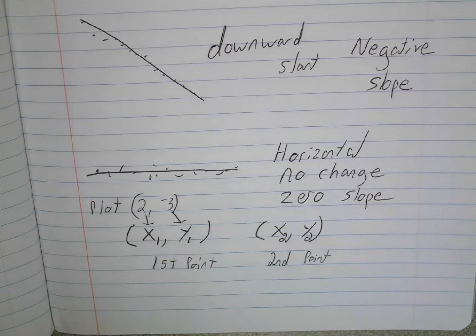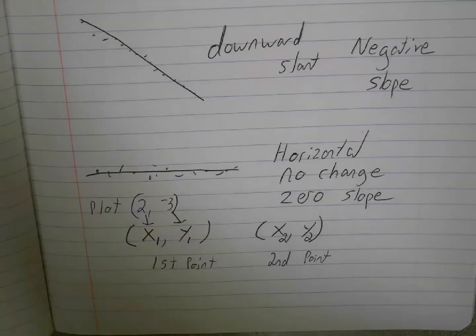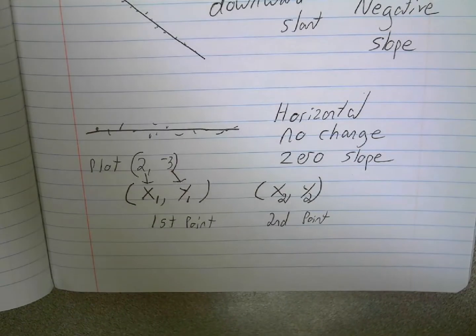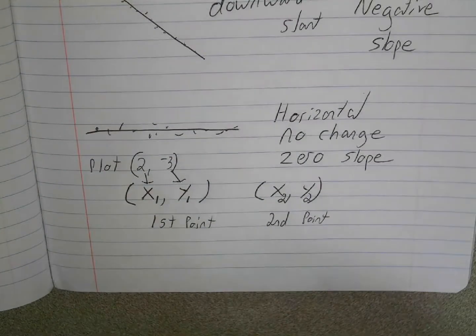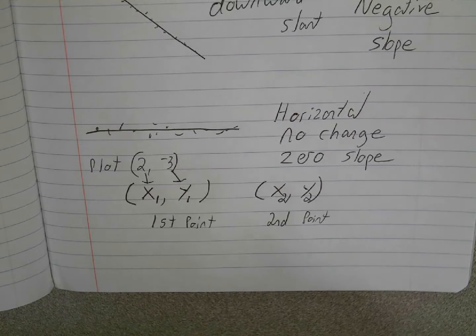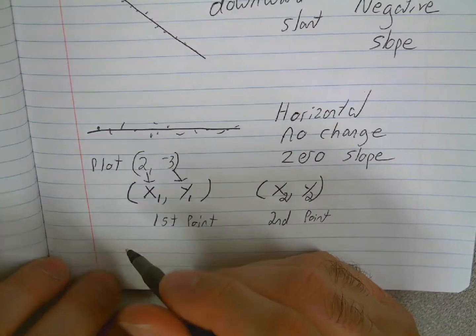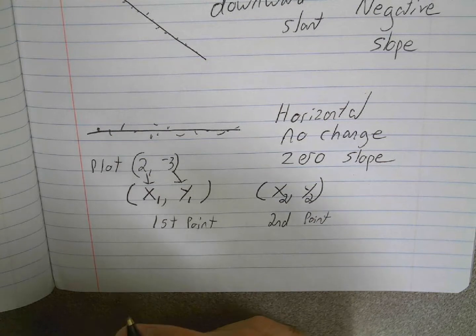All right? So if I wanted to look at the rate of change between those 2 points, what I would do is I would find my change in Y over my change in X. All right, the change in Y over the change in X. So essentially, to find how it changes from one to the next, I'm going to subtract. All right, so let's go ahead and write that formula out, and then we'll go through some examples of this rate of change.